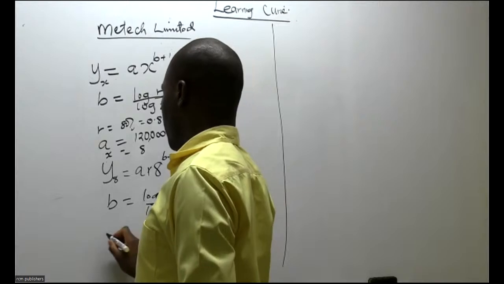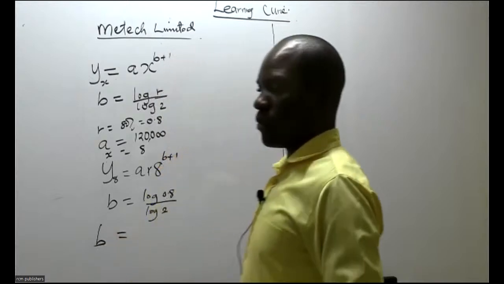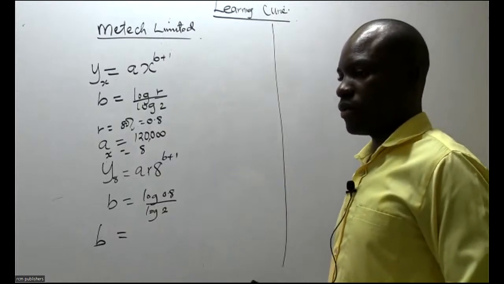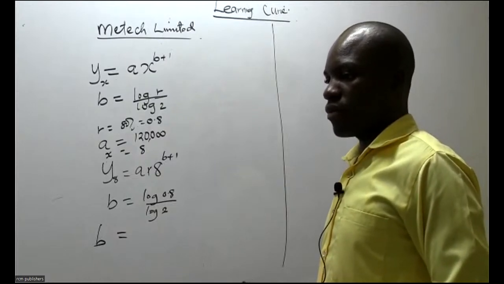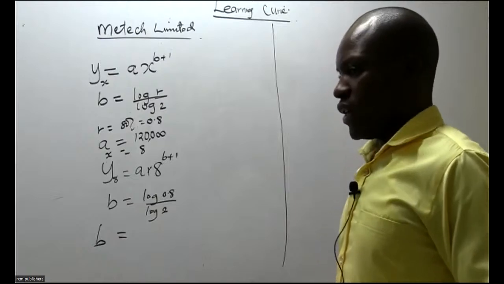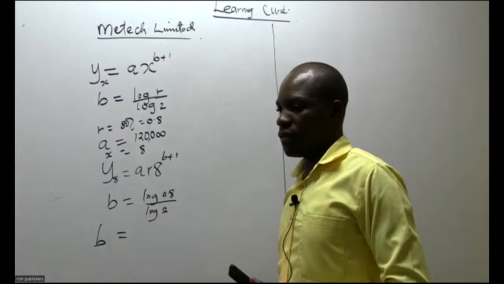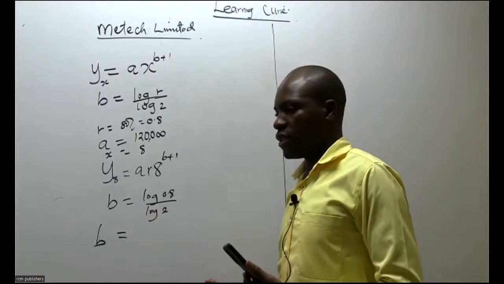So what will be the value of b? Somebody to give us the value of b. Just go to your calculator: log 0.8 divided by log 2. What do you have, to at least 4 decimal places?